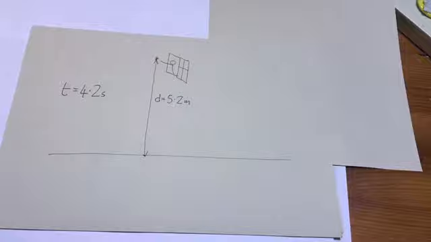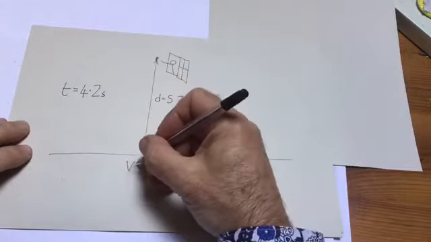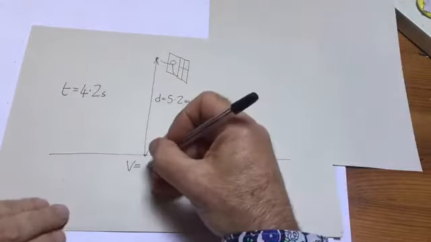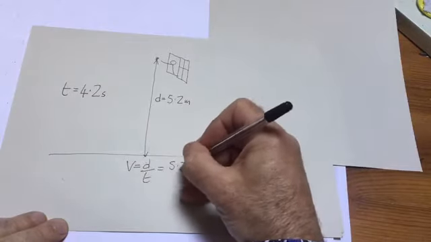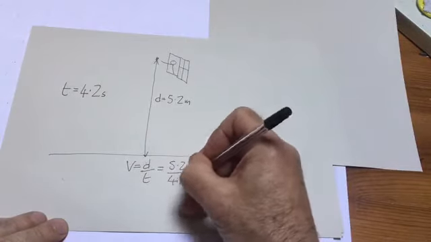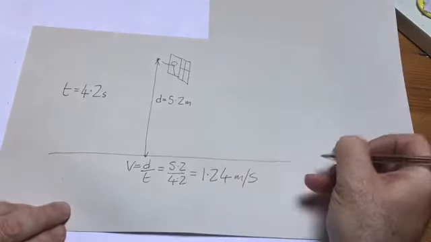You can time it straight off the screen, as I hope you'll do. So in this case, the average velocity, which was again distance over time, 5.2 divided by 4.2, is 1.24 meters per second.